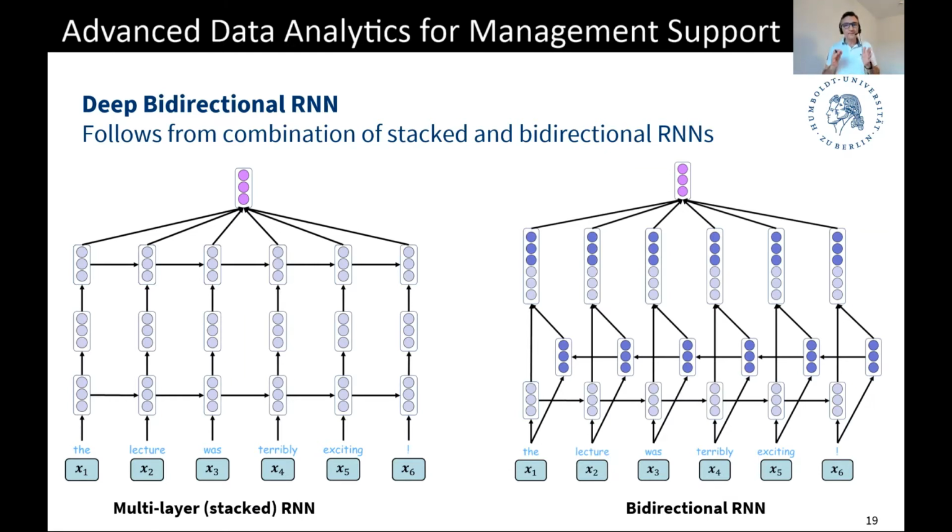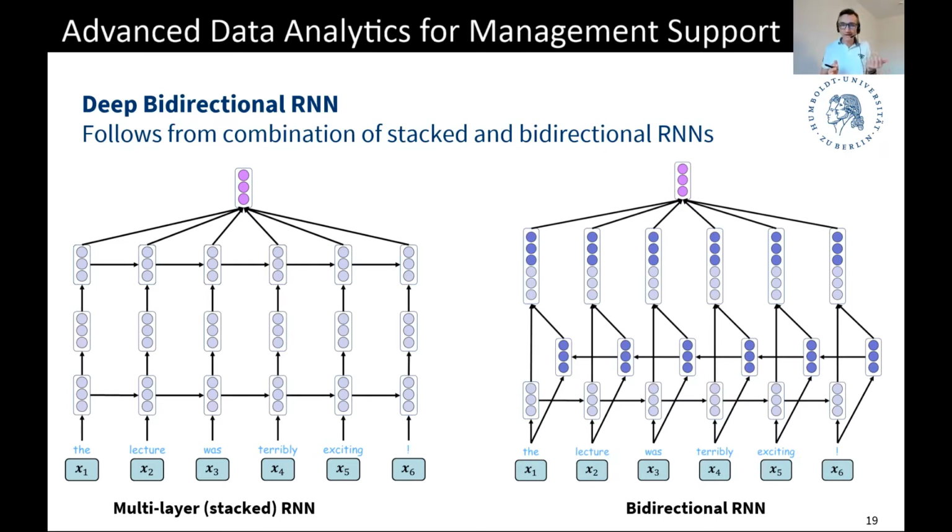Anyways, that's the forward processing. You try to predict the next word in the sentence from left to right. Given the piece, let's say the lecture was, the language model tries to figure out the next word in that sequence, which in my example is the word terribly. That is a classic language model.